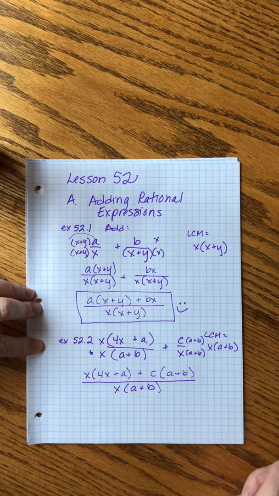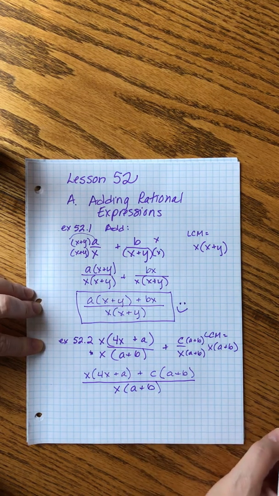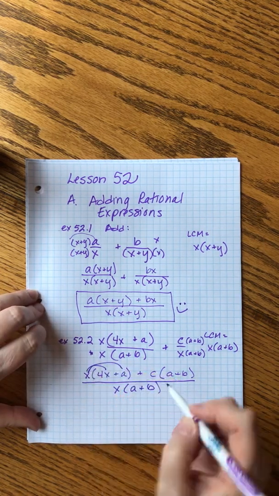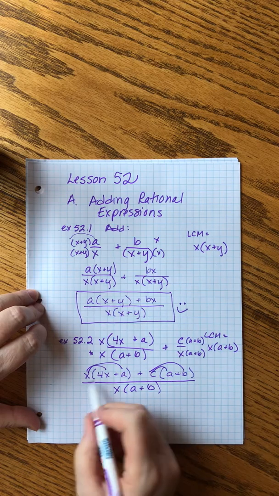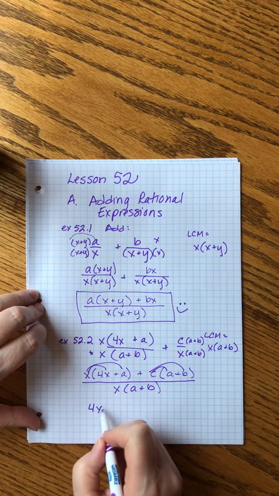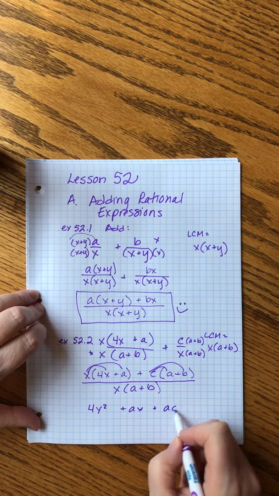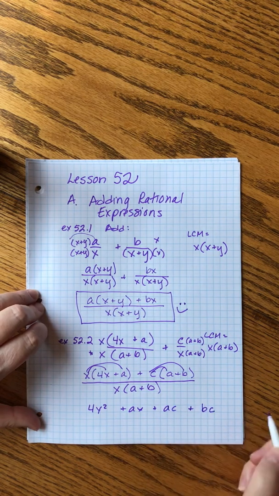Should we just check quickly? Now John has distributed in this example, so let's take the extra step of distributing and see if our answer matches his. I get 4x squared plus ax plus ac plus bc.